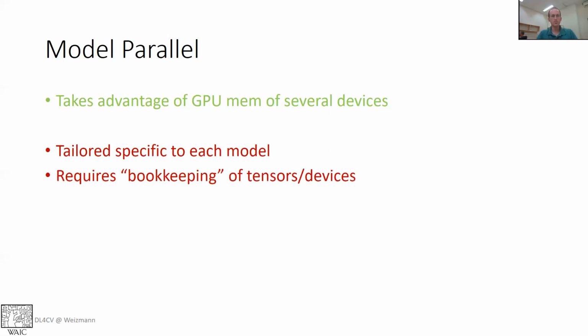And we need to do this bookkeeping of where the tensors are, on what devices, which part of the model. So if we put the model on the first and the second devices, then we need to take care that the data goes first to the first device and then to the second. So it's tedious. And most importantly, it puts all the burden of the coding of this bookkeeping on us. No one will do it for us.